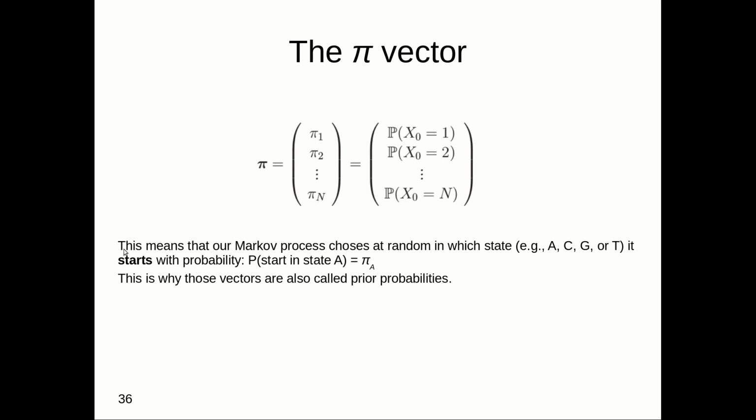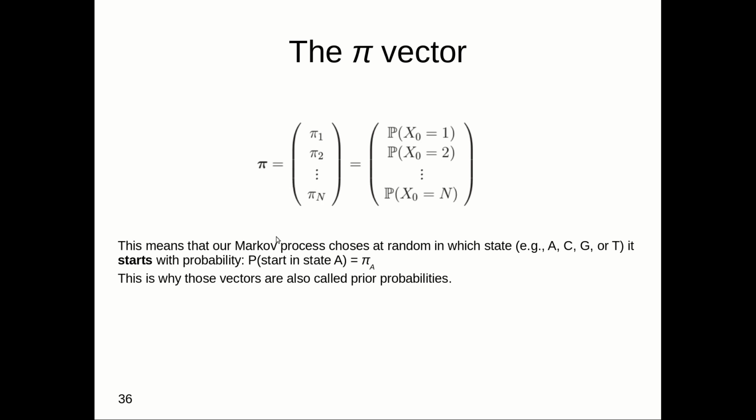This corresponds to the interpretation of, well, what is the probability? And note that this is a non-conditional probability. What's the probability of being in state 1, 2, 3, 4, 5, etc. up to n at time number 0?